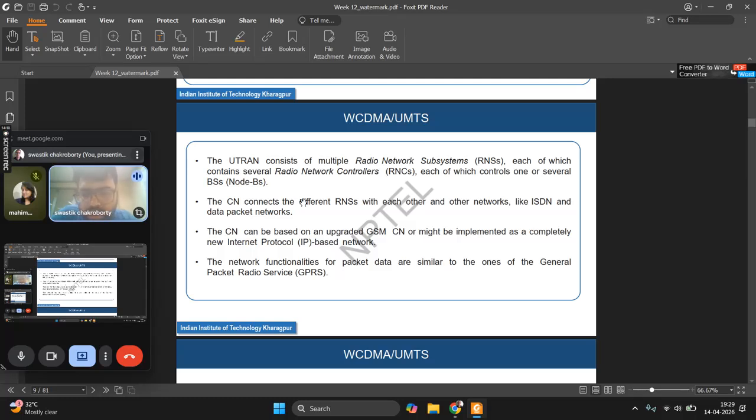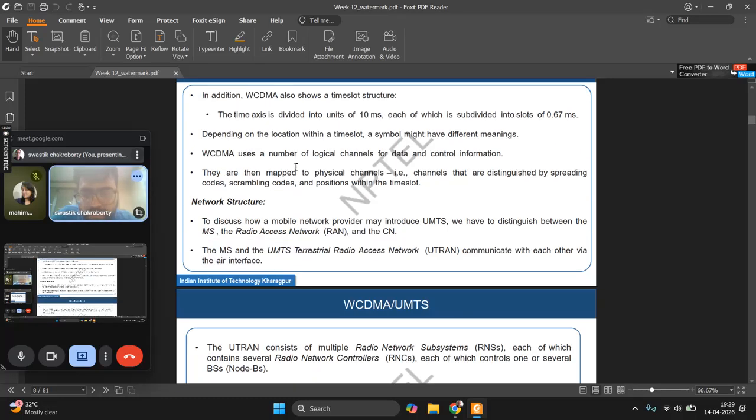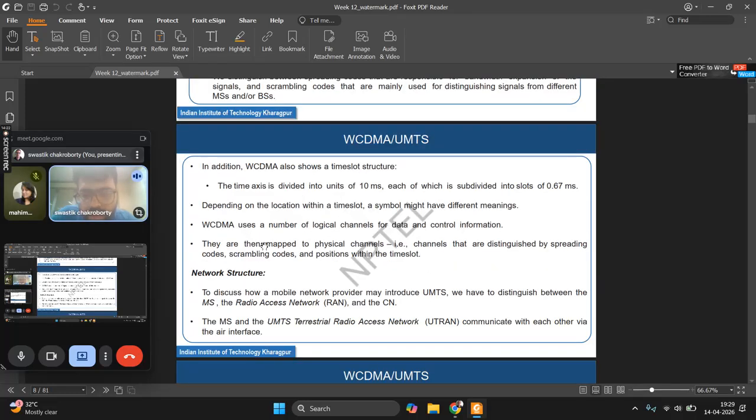UTRAN is the UMTS terrestrial radio access network. So the base station communicates with this entire network. The front facing part of that network is the node B or the base station, but behind that there is a whole backhaul which is connecting it to the internet. That is known as the UMTS terrestrial radio access network, or UTRAN.